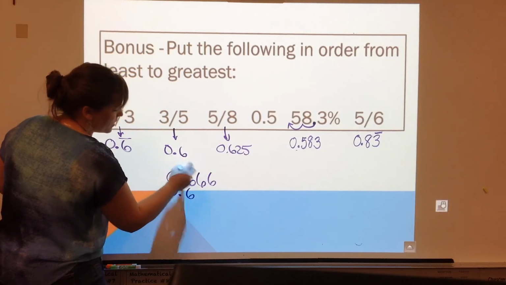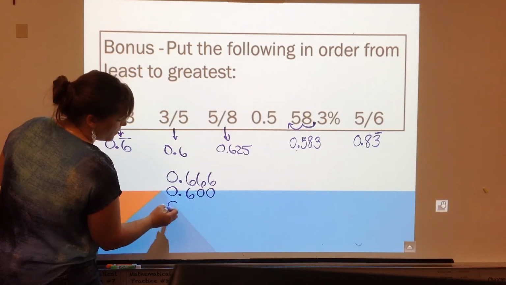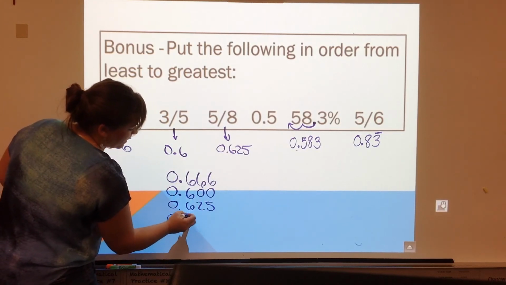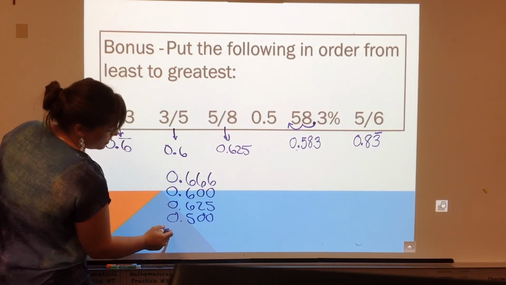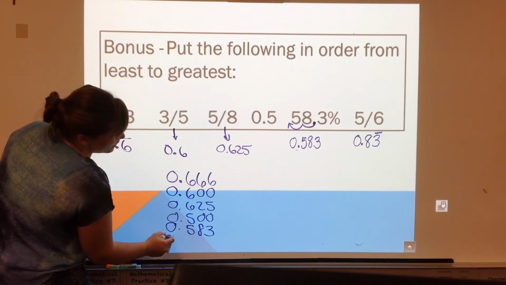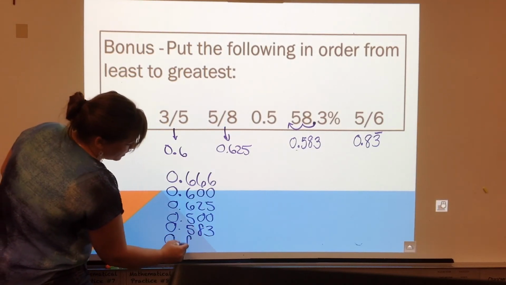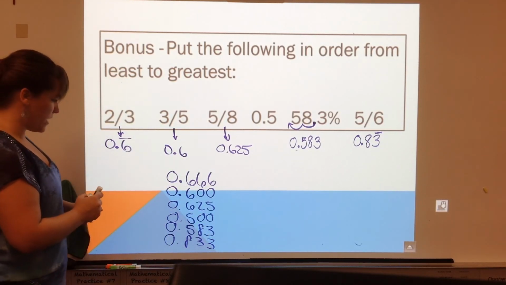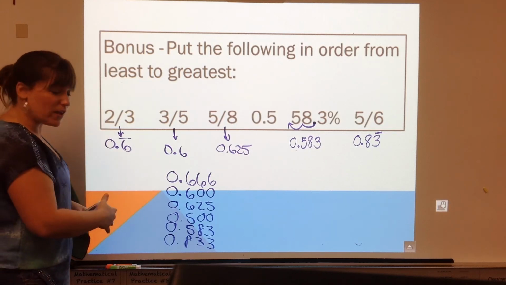And if there's nothing here, I'm going to put zeros. We have 0.625. We have 0.5. I'm just going to hold those places. And then 0.583. And then 0.83, 3, 3.